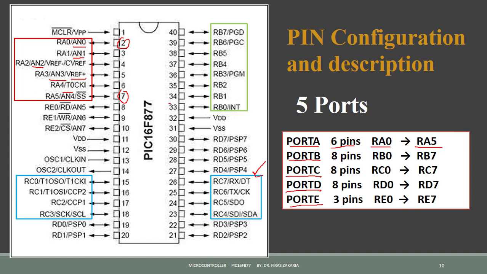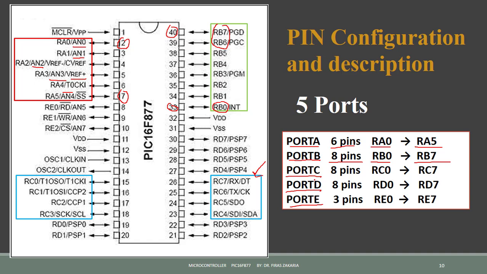Pin 33 to pin 40, all these pins belong to port B. RB0, here, pin 33, can be used as the external interrupt pin, and RB6 and RB7 can be used as in-circuit debugger pins. So port B includes 8 pins from RB0 to RB7.